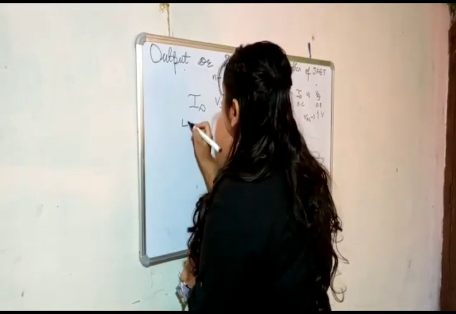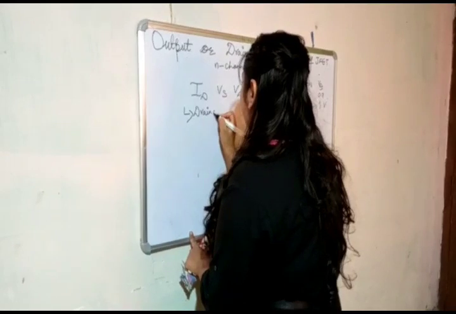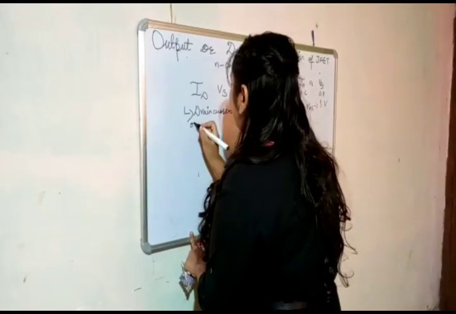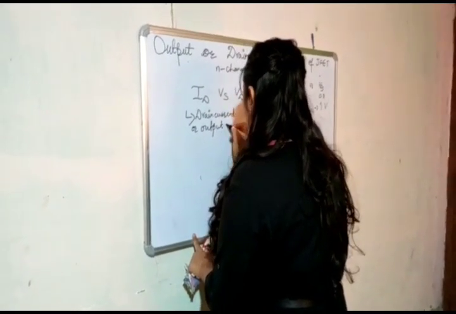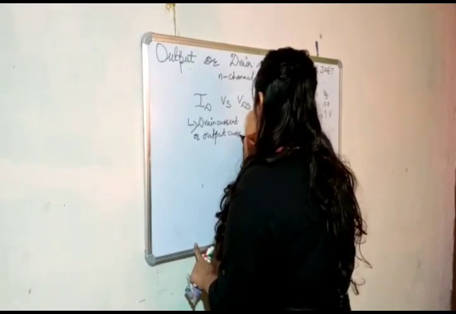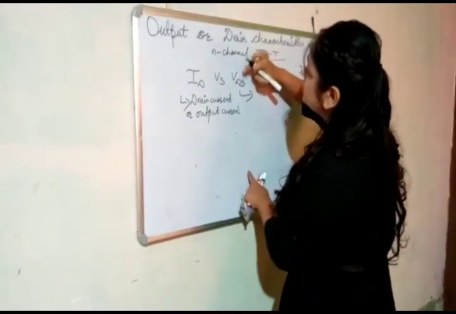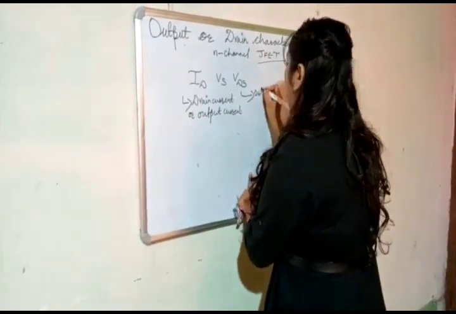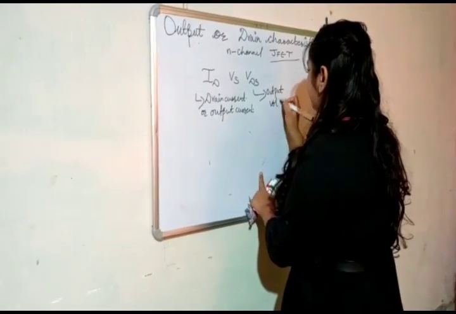This ID means drain current or output current, and this VDS means voltage between drain to source terminal. It is our output voltage.